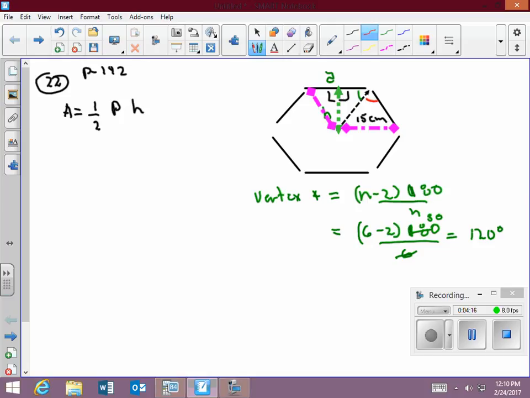So if this total angle is 120, then this has got to be 60 degrees. Because the red angle here and the green angle are equal, and the vertex angle is 120. So it makes that angle 60.